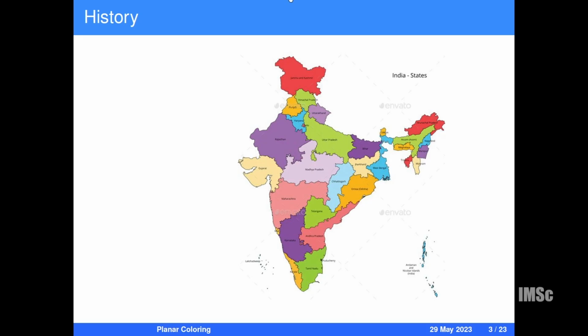Can you think of a better upper bound on the coloring number? All of you are right that the number of regions is a trivial upper bound, but can you come up with something better? Maximum adjacent regions, you say?